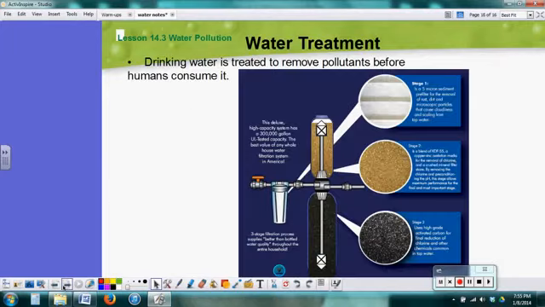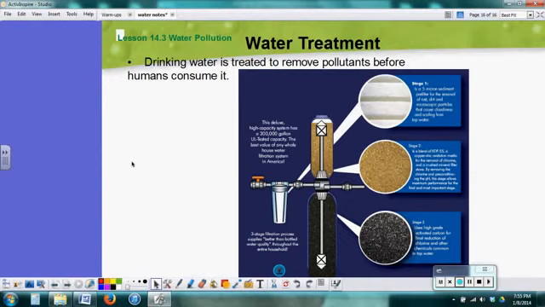All right, last thing is water treatment. Drinking water has to be filtered first, and you can see here that it can be really, really simple when it's being filtered for our tap or in your own filter bottle. A lot of times they'll use sand and activated charcoal. There are also other ways that you can do it, which we will be doing a lab on a little later.